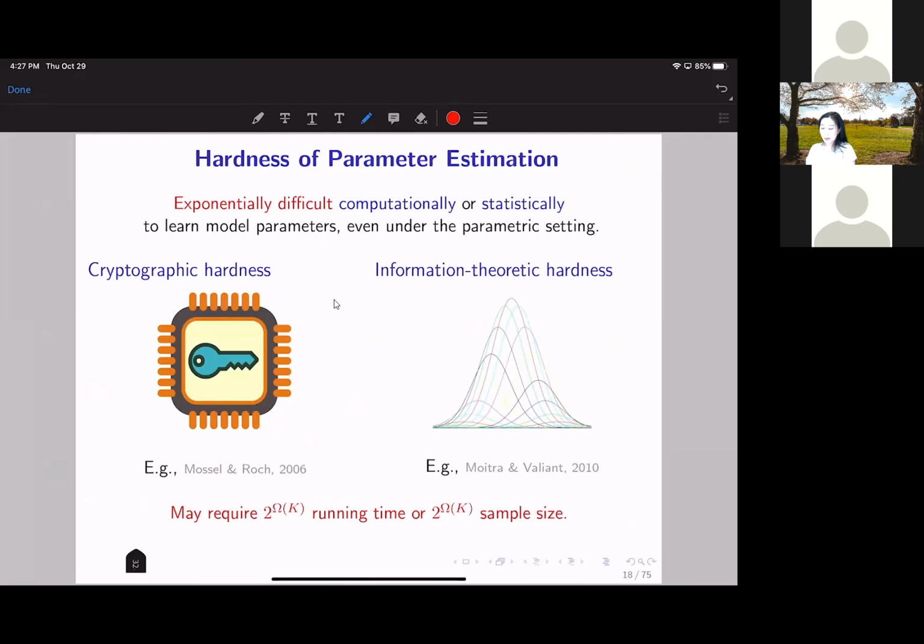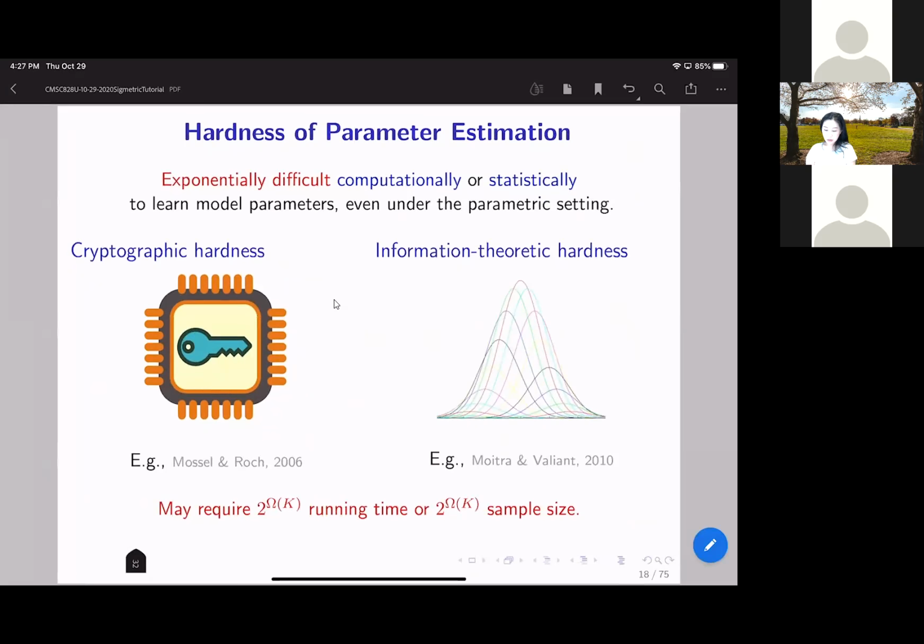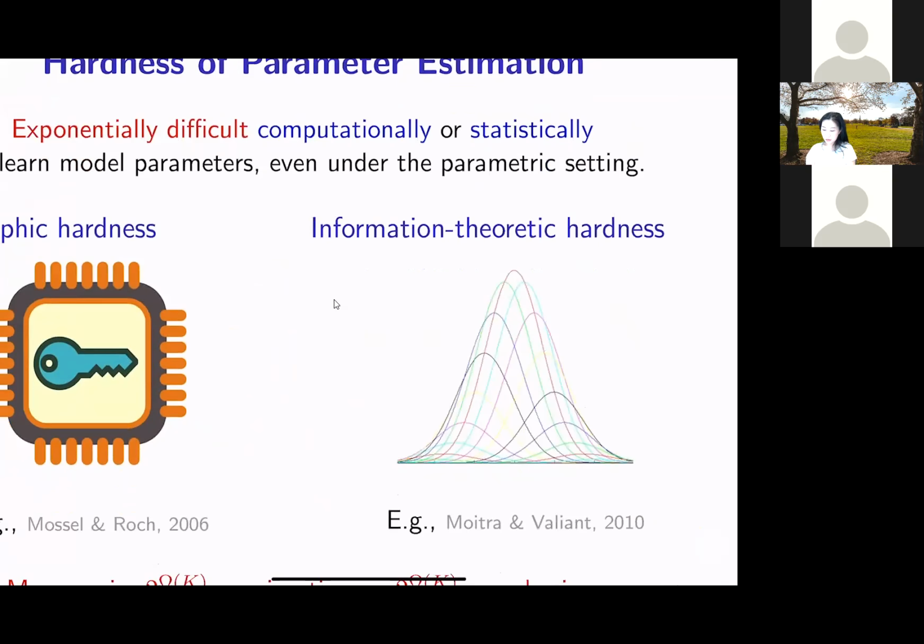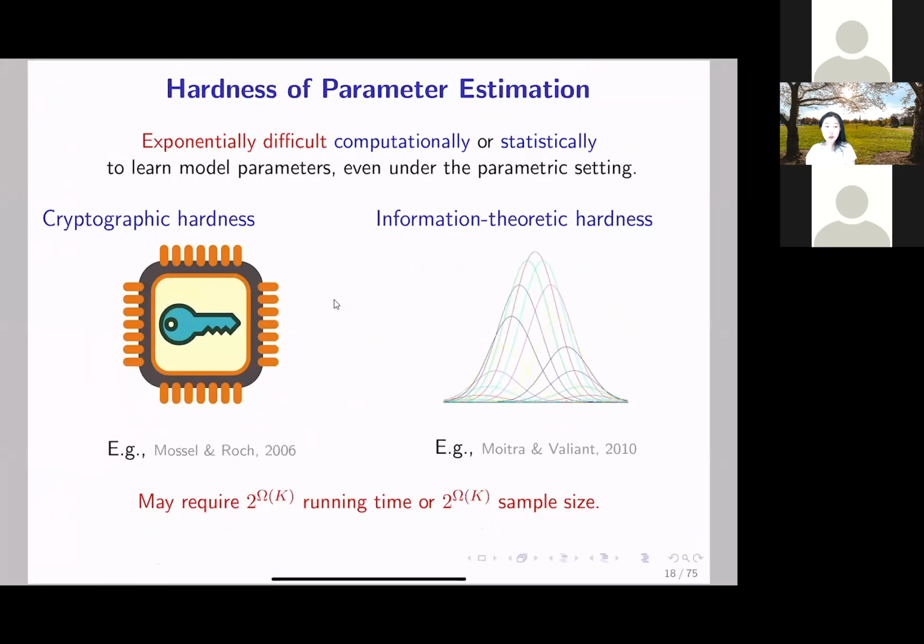So the hardness of parameter estimation is indeed exponentially difficult in terms of both computation and statistics. So it is statistically and computationally exponentially difficult to learn the model parameters, even under a parametric setting.